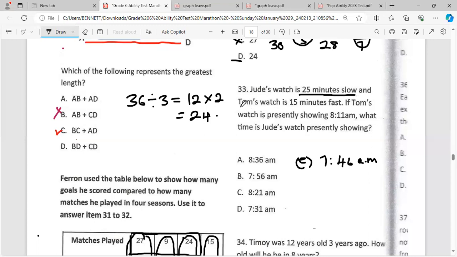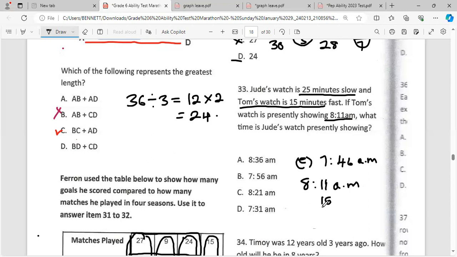All right, let's see what it gives us. They said Tom's watch is 15 minutes fast. And if Tom's watch is showing 8:11, what is the real time? Remember, it's not 8:11, it's 15 minutes fast. So that means we have to subtract the 15 minutes, because it hasn't reached that time yet. Agree?